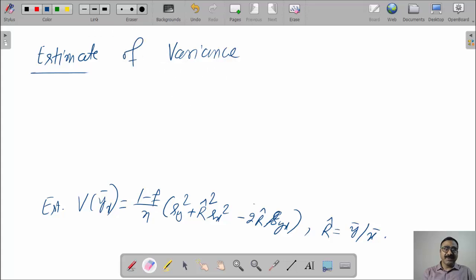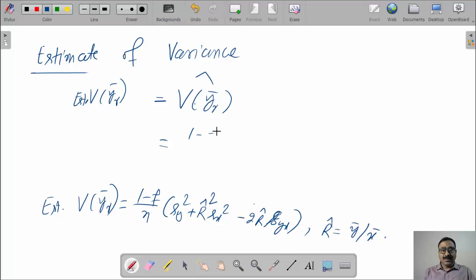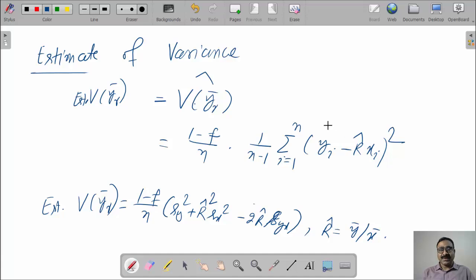Now on simplification we can also write the estimate of variance of y bar, that is equal to 1 minus f by n into 1 by n minus 1 summation i equal to 1 to n, y_i minus r cap x_i whole square.